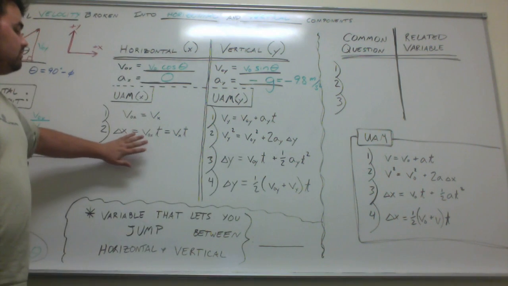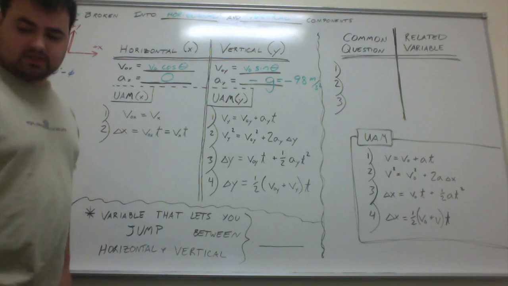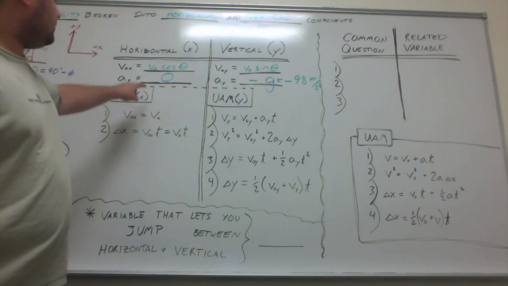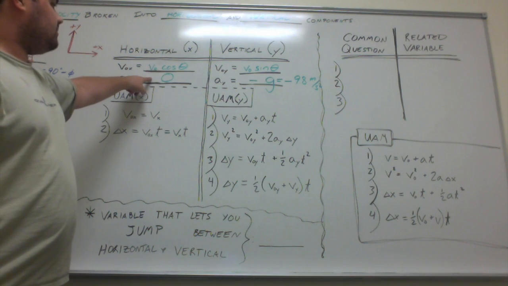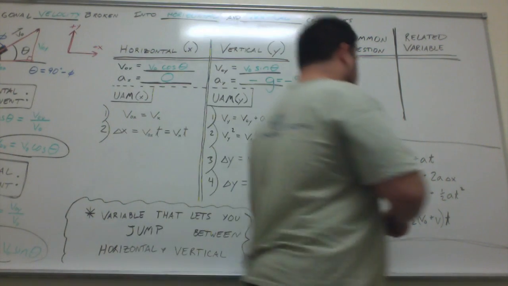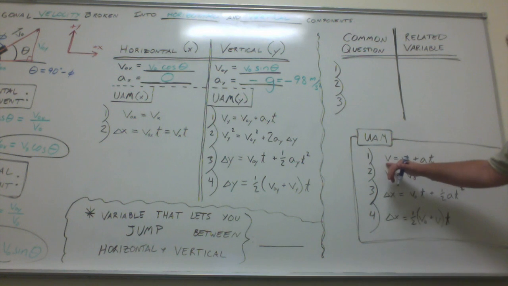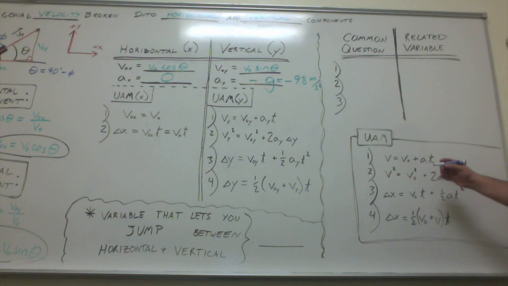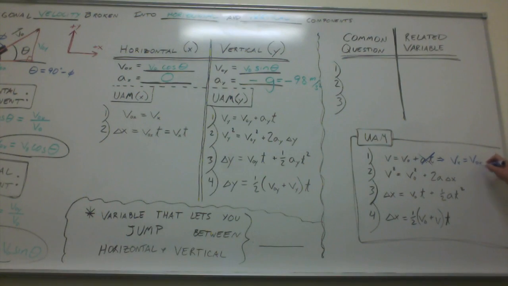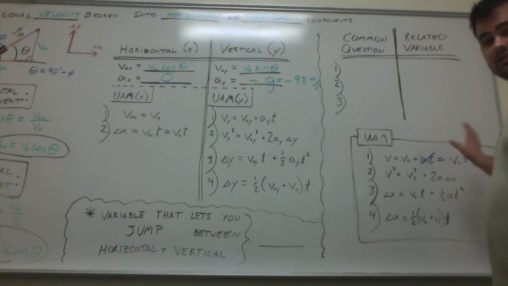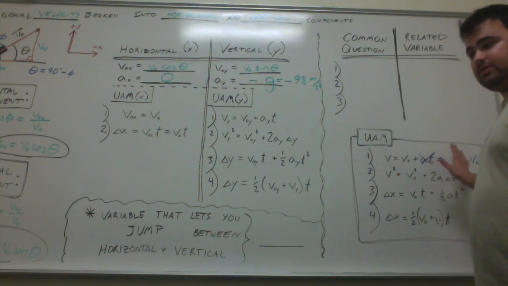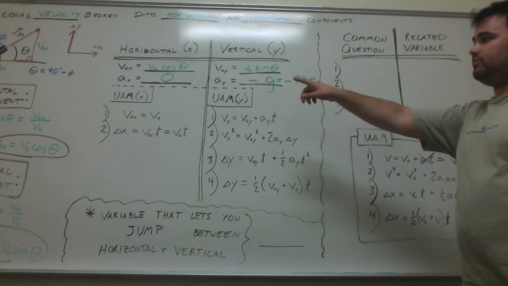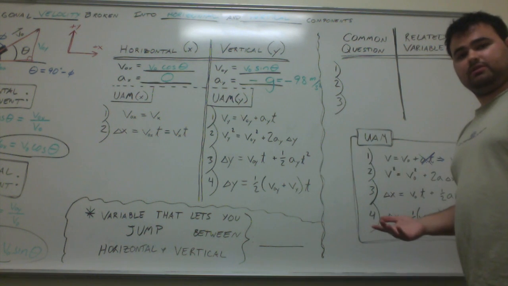For our horizontal component, our equations actually simplified because the horizontal acceleration being 0 cancels out terms. So, for example, here's the first equation, v equals v naught plus at. A for our horizontal is now 0, and this equation becomes vx equals v naught x. Conceptually, that should make sense, because acceleration is the change of velocity over time.